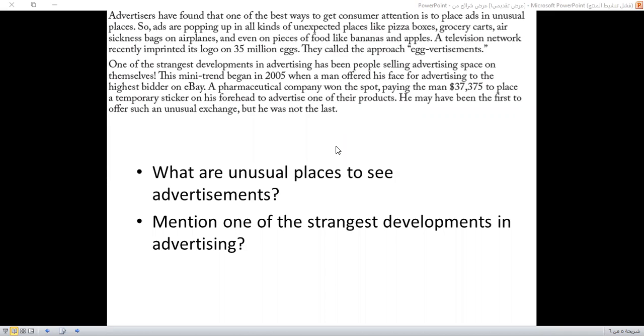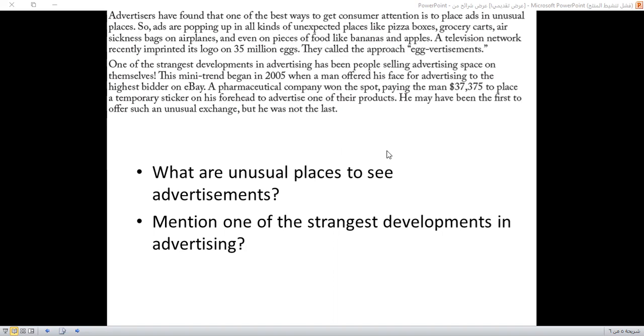Okay, in these two paragraphs, my question is, what are unusual places for you to see advertisements, according to the paragraph here? He mentioned some places that are unusual to see advertisements. TV commercials, magazines, and newspaper, they are traditional ways.